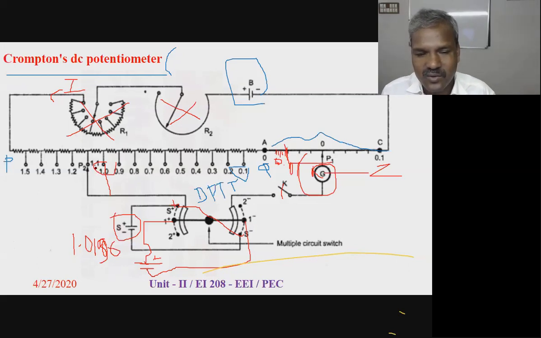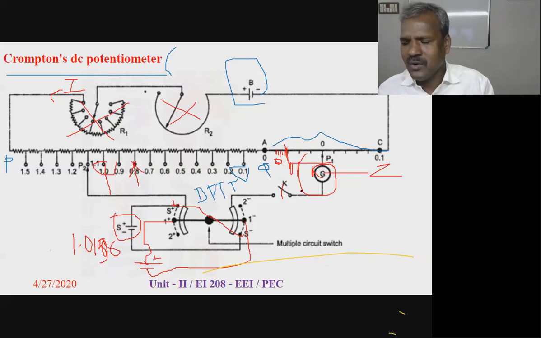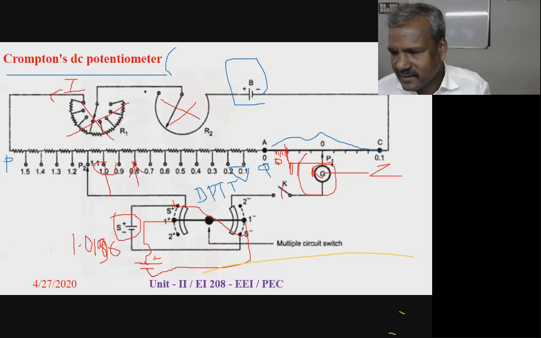Okay, so you adjust P1. First place P1 somewhere, say, at a point here. Suppose P2 is here, and you see the galvanometer. If the galvanometer deflection is to the right side, the EMF is very less.